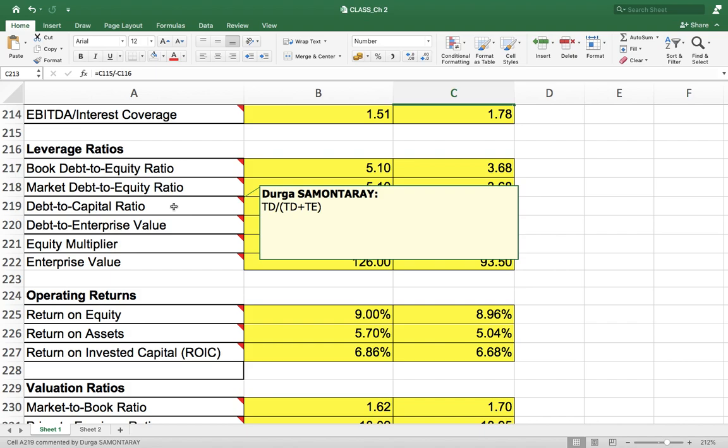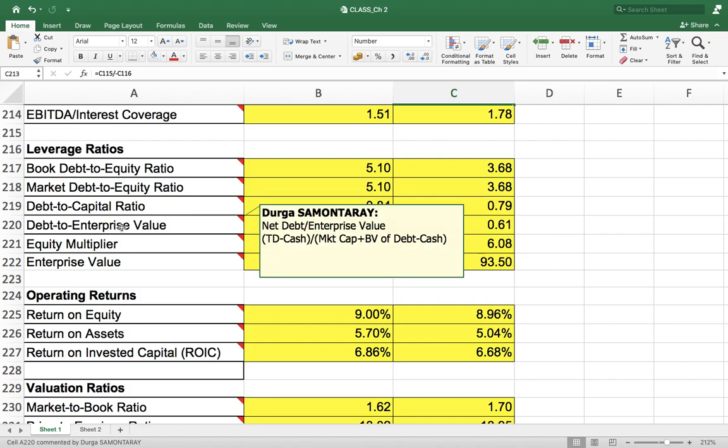When we are talking about debt, we are taking the long term debt here. Debt to enterprise value, you know the enterprise value formula: total debt minus cash is net debt. Net debt is in the numerator, as in the first formula, net debt divided by enterprise value. Enterprise value means market capitalization plus book value of debt minus cash. Last lecture we have seen this.